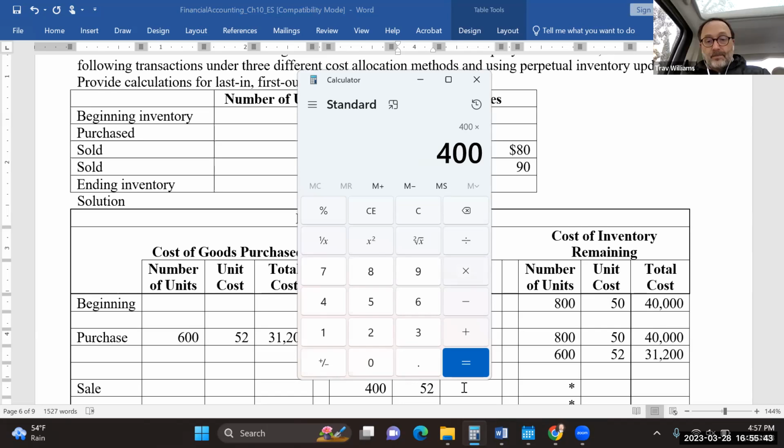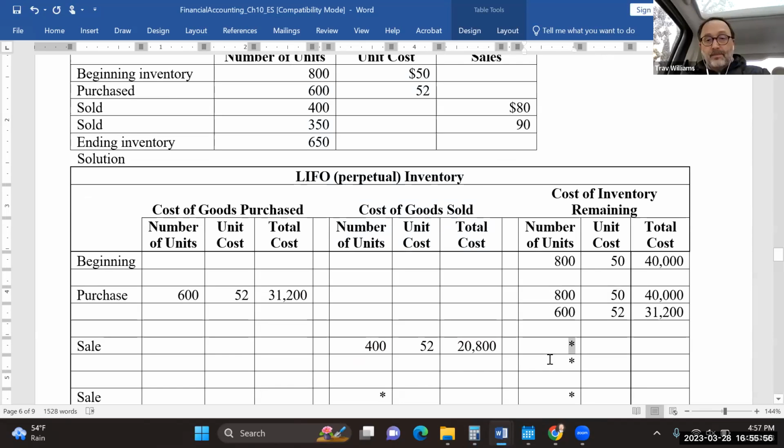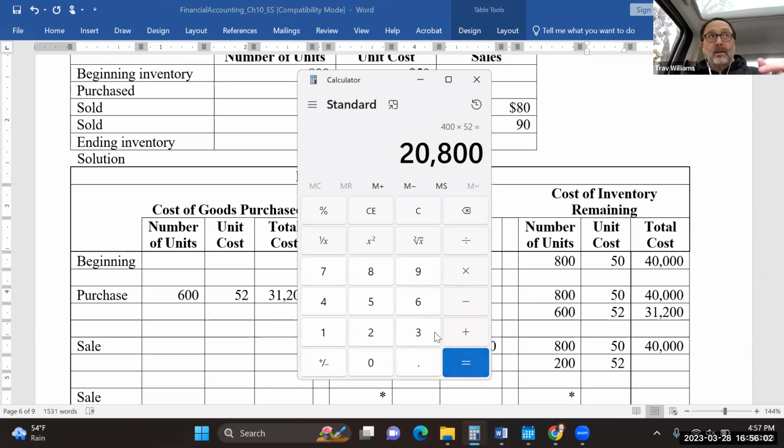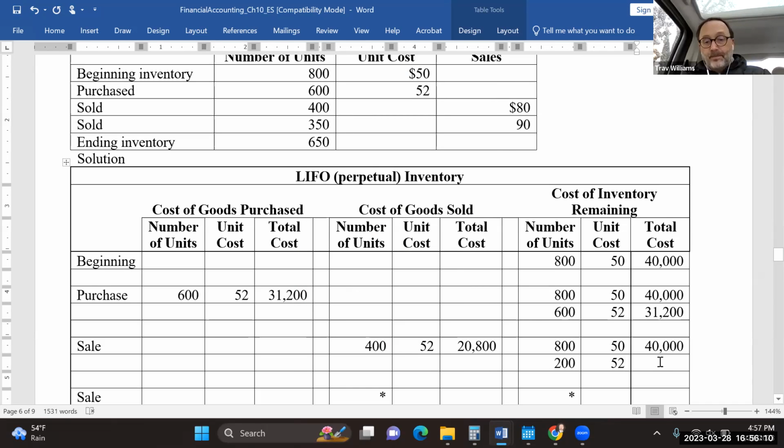So now we still have the entire first lot. We didn't sell any of that. And we have 200 units remaining out of the second lot, which was $52 each, right? Because there were 600 units, we sold 400, so that gives us 200 remaining at $52 each, so that's $10,400.